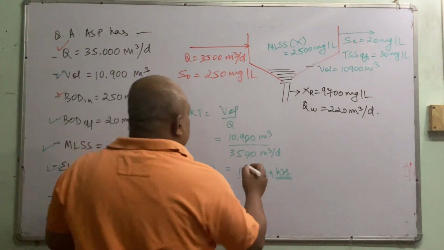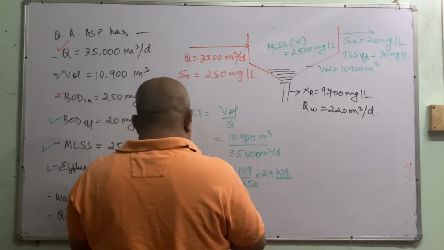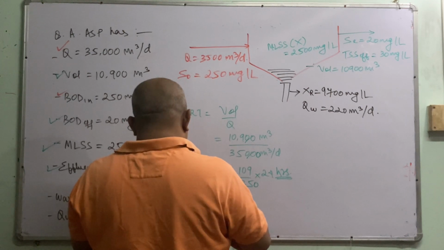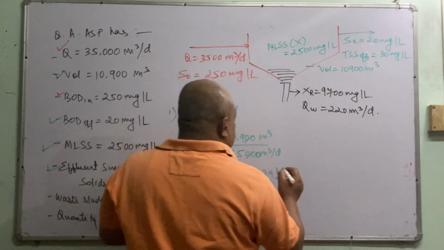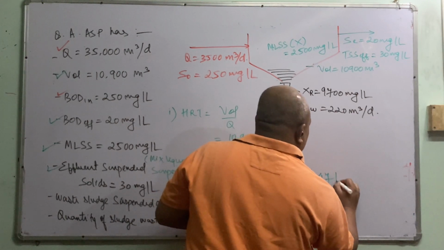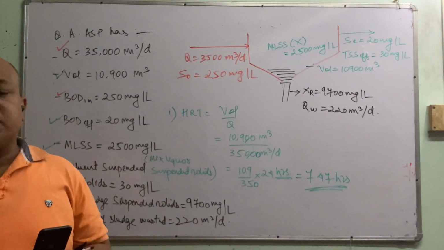Oh, a zero is missing. That's why. 350. 109 divided by 350 into 24. This is 7.47 hours. So the HRT is 7.47 hours.